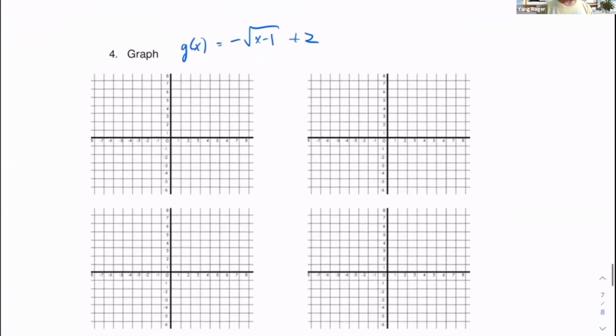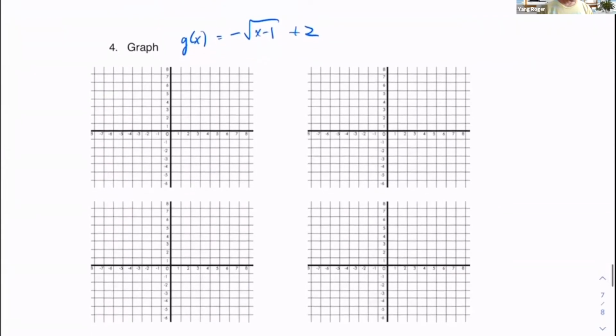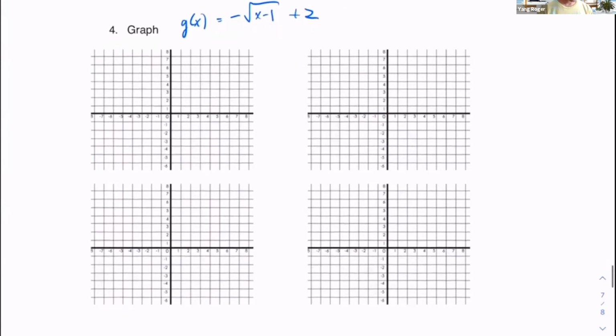I want you guys to try this. So take a second to try to graph this guy. If you get stuck, reach out to me. Don't just sit there and wait. I can give you hints or whatever. But try to graph this number 4 and let me know what you get.